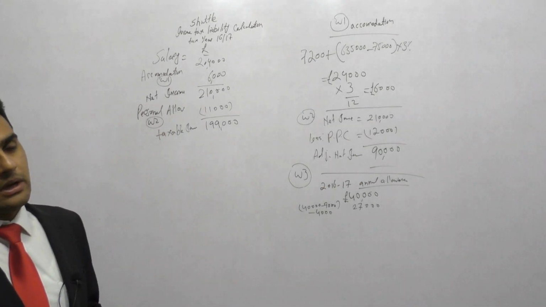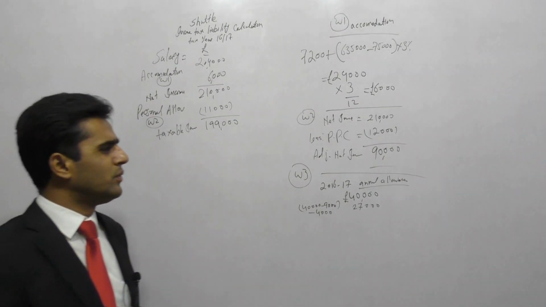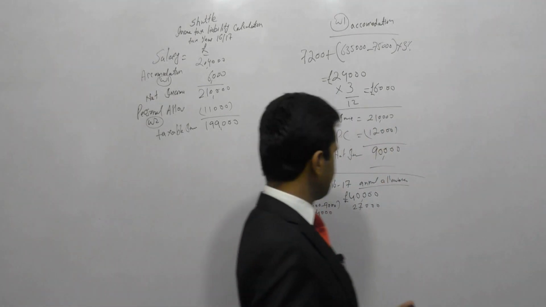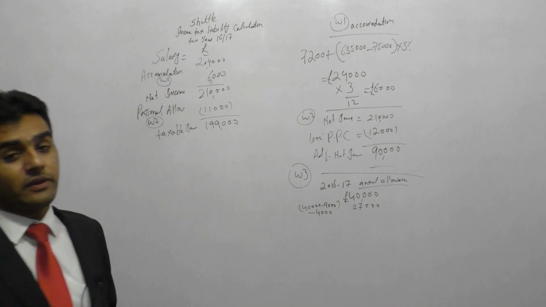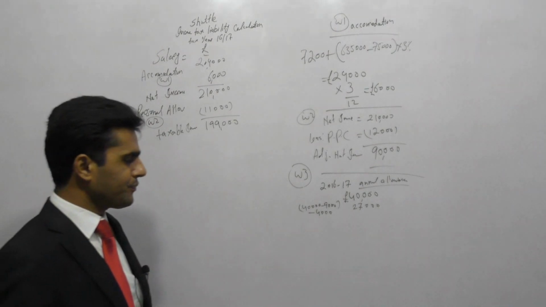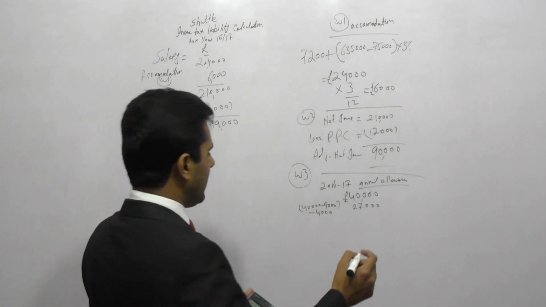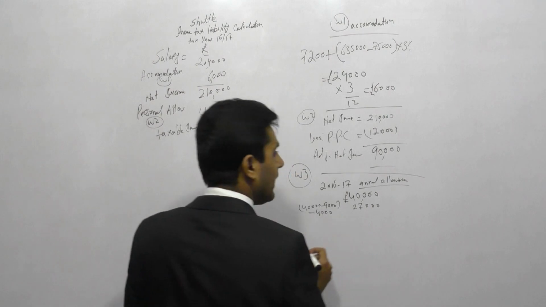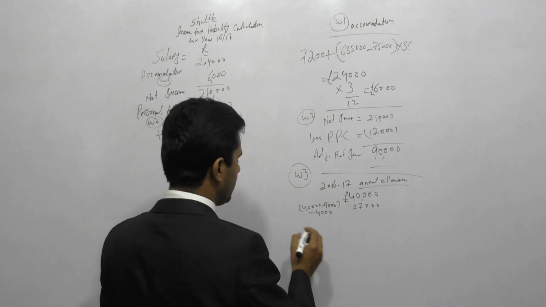So the remaining for tax year 14-15, as at 6th of April, is £27,000.